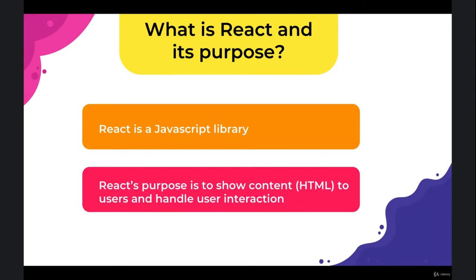So once those elements show up on the screen, a user's going to somehow interact with them, right? They might click on a button. They might type some input into a text input, or they might drag and drop some div or something else around on the screen. Okay? Cool. So the second goal of React is to handle those user interactions.